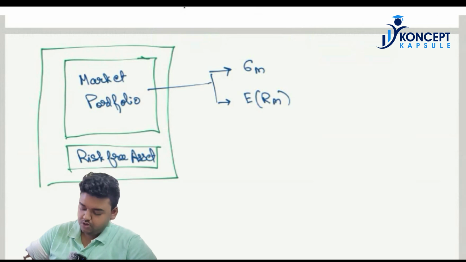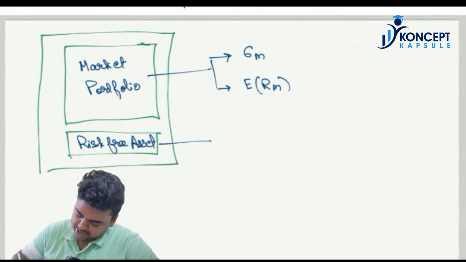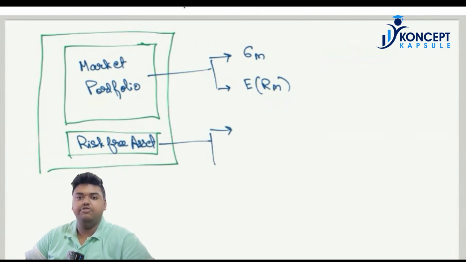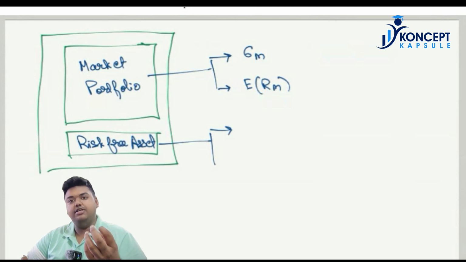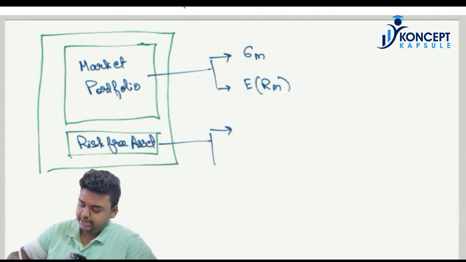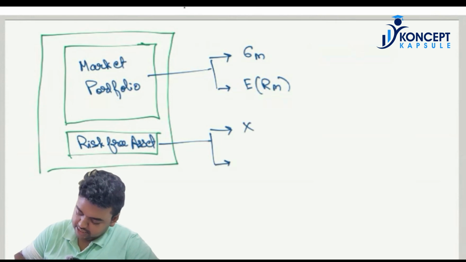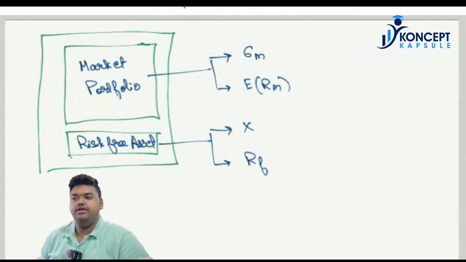On the other hand, what will be the risk of a risk-free asset? The risk of a risk-free asset will be nil. Why will it be nil? Since it is nil, we are calling it a risk-free asset, so there is no denotation. On the other hand, the expected return is RF.